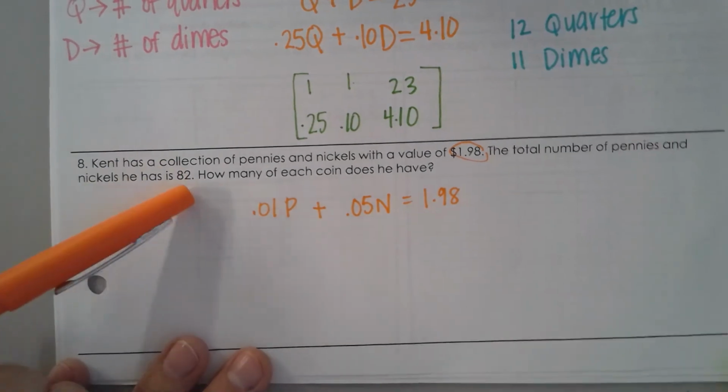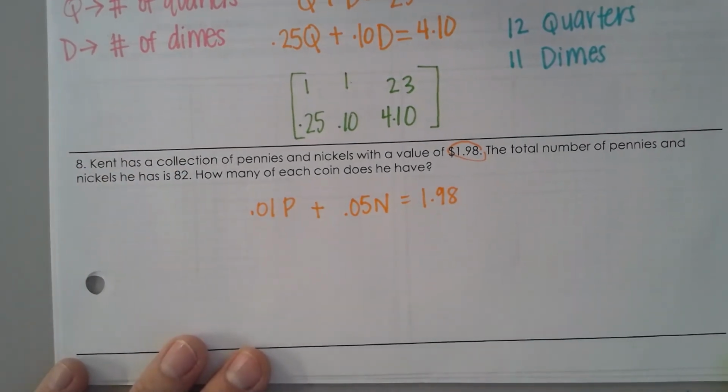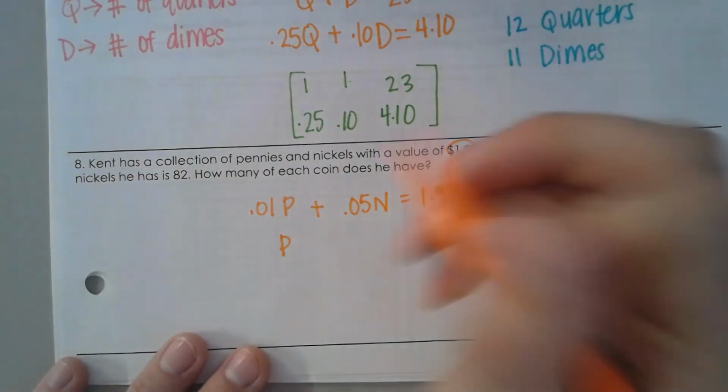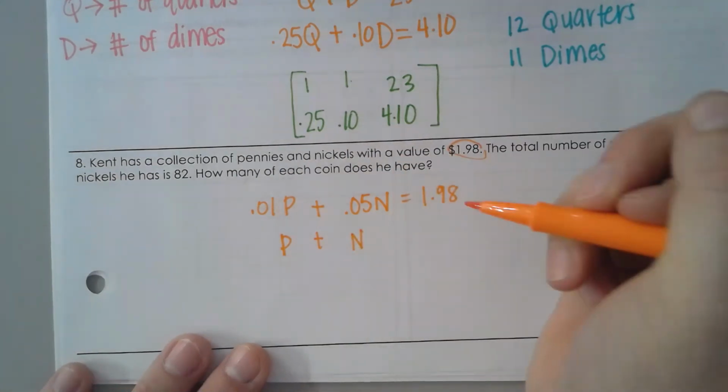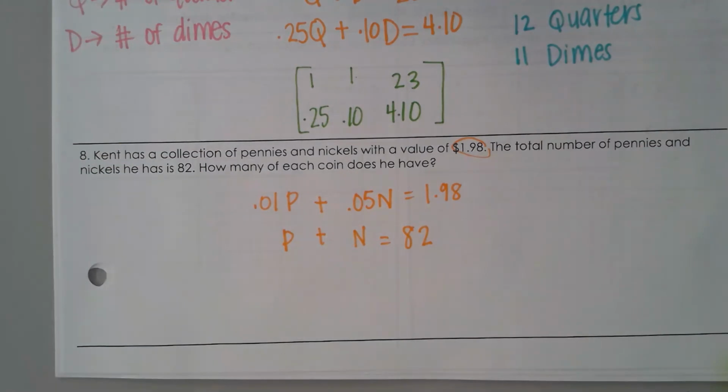And then I have the 82. That's just the number of coins that I have. I don't care how much they're worth. So that would just be P, the number of pennies, plus N, the number of nickels, combines to be 82 coins.